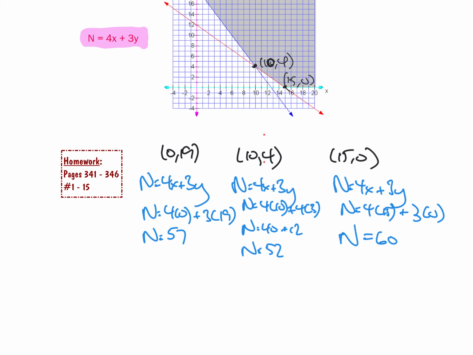If you work out each of those points, the point that I get that will be the optimal point would be 15 and 0. Are we minimizing or maximizing? Hold on, I think I did my math wrong. No, I think I'm okay.